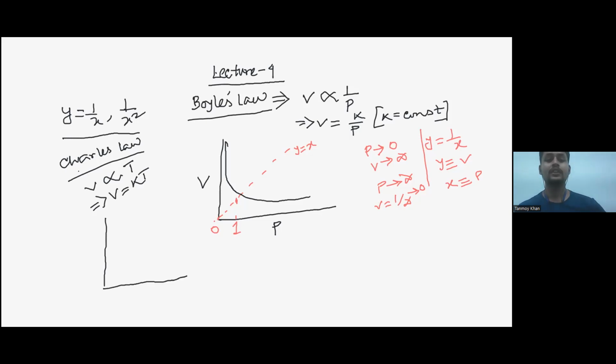So this is nothing but a straight line. If you draw V versus T, it is nothing but a straight line with an intercept. So that means it will start from this point, right? And the slope will be how much?